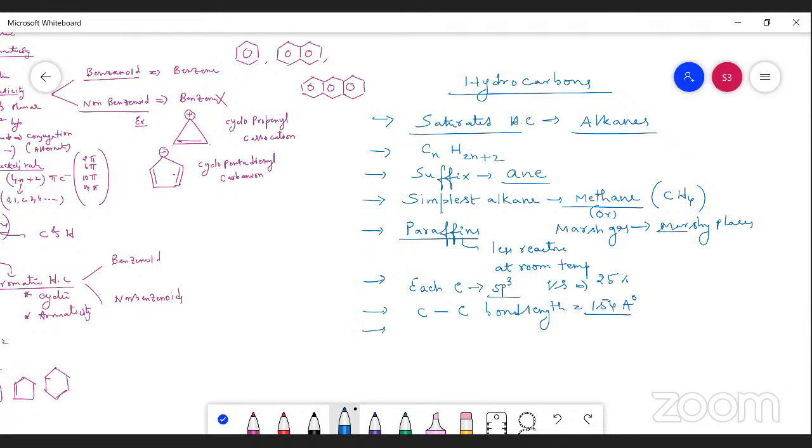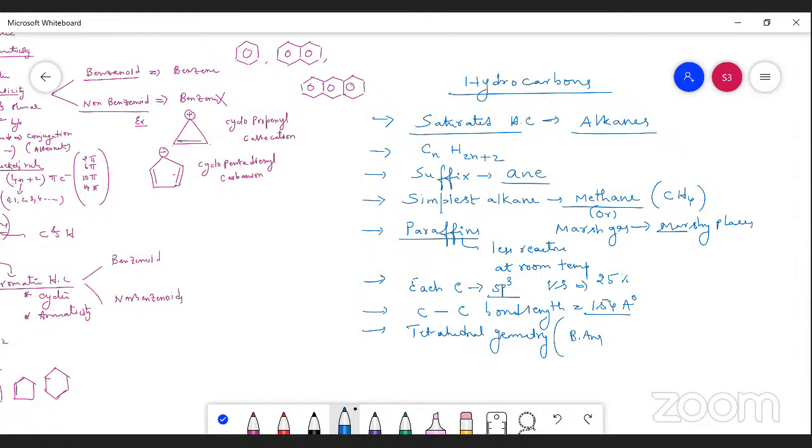And if they undergo sp3 hybridization, what is the geometry? Here they orient in tetrahedral geometry. In tetrahedral geometry, what is the bond angle?